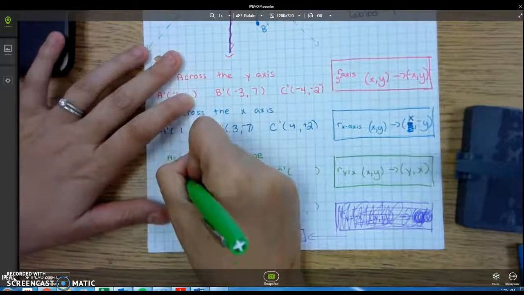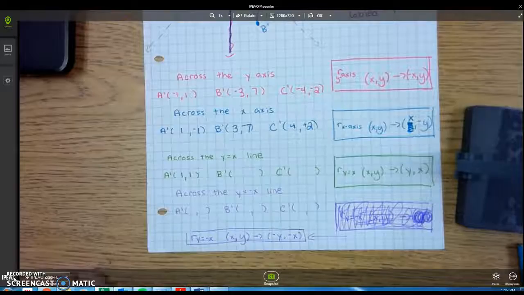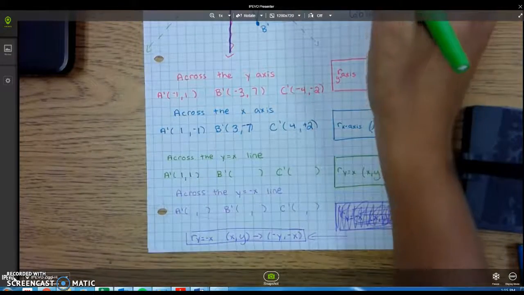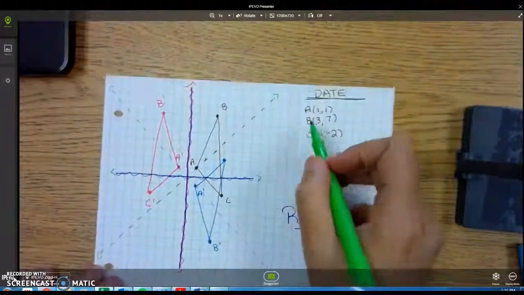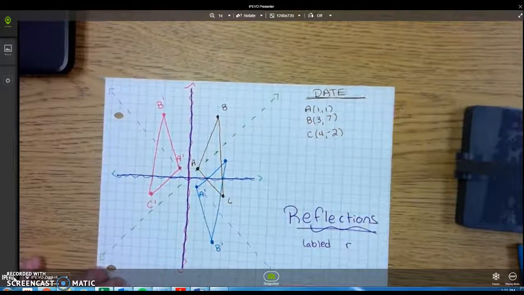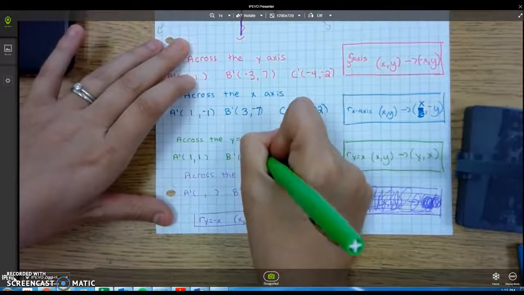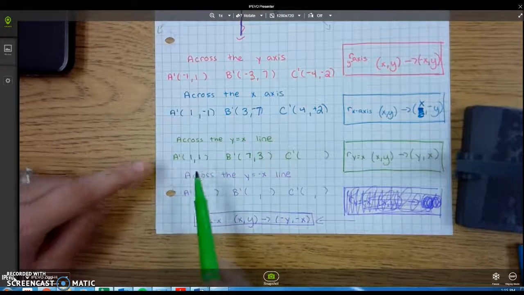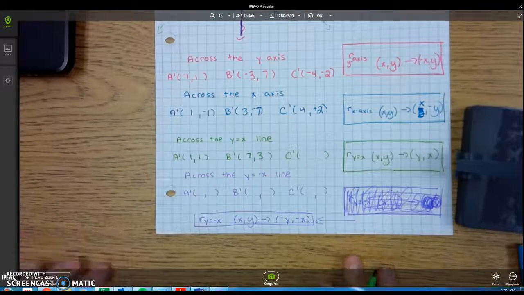Not the best example for this one. However, when I have 3 and 7, what's going to happen is the 7 and the 3 switch places. So I have 7, 3, which may be more like alluding to what's happened in that first one. So my 3 and my 7 switch places.